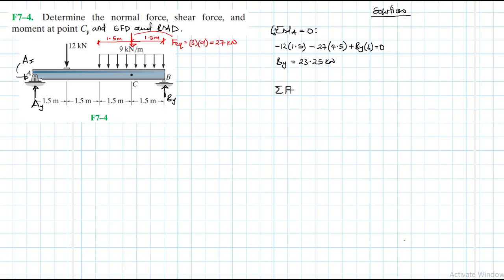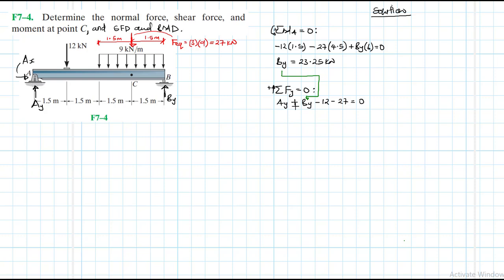Then summation of forces in the y direction equal to 0. What do we have? We have AY plus BY minus 12 minus 27 equal to 0. Since we already calculated what By is, we just replace it directly there.